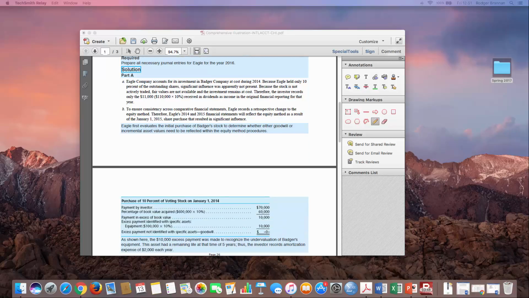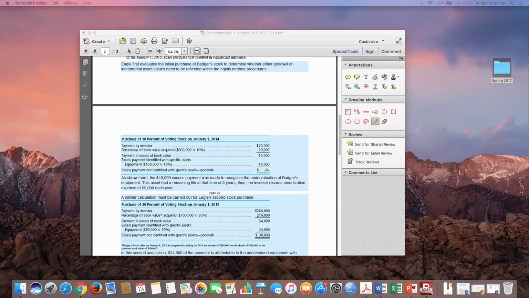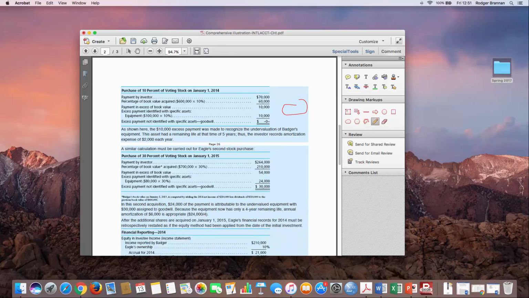Now, in 2015, some different rules begin to apply. The process is twofold. First, Eagle must determine the amount of equity that they would have in the company as of the end of 2014 if they had used the equity method.